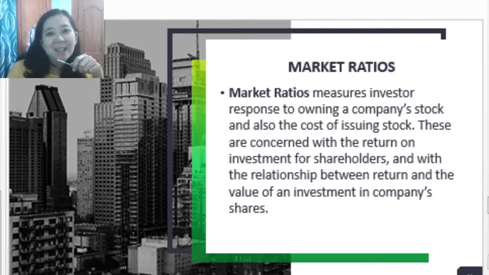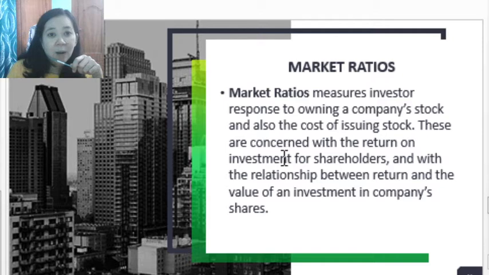Now under this market ratio, this ratio will give us information related to the measure of the investor's response to owning a company's stock and also the cost of issuing those stocks.